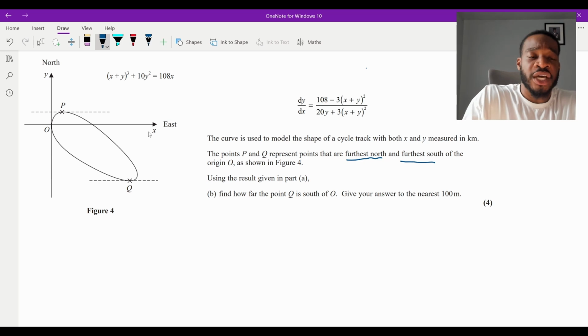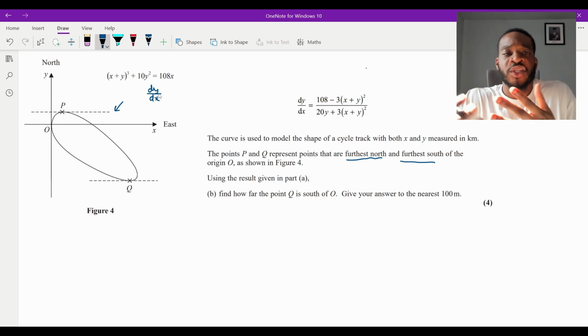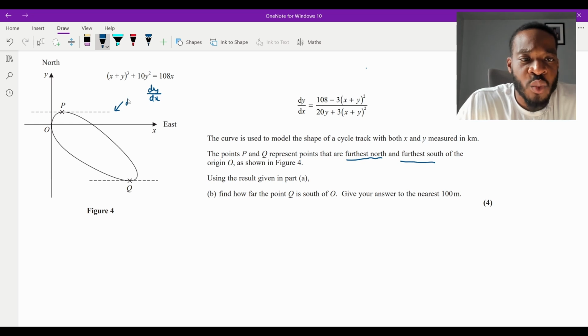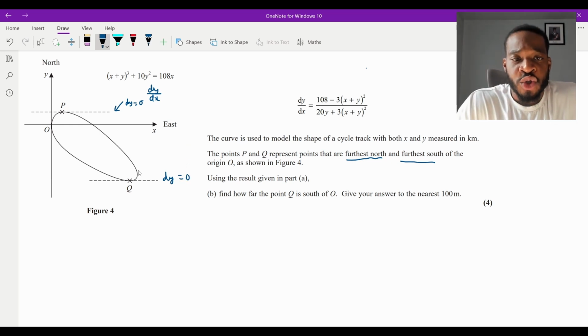There's no vertical change. So if you think of dy dx as a literal fraction, remember dy dx is the change in y with change in x, you're actually just saying here that dy is equal to 0. And the reason I'm going to do that is because we've got a fraction with algebraic expressions top and bottom. So to solve this, you're going to set your numerator equal to 0.